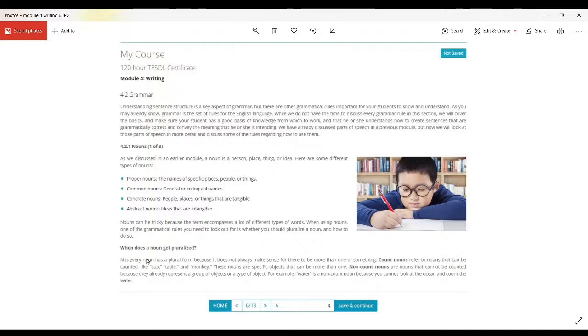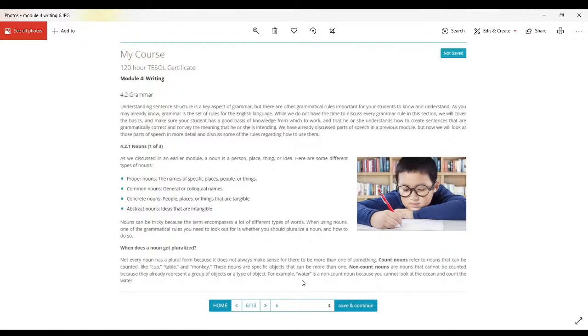Okay, when does a noun get pluralized? Sorry, pluralized. Not every noun has a plural form because it does not always make sense for there to be more than one of something. Count nouns refer to nouns that can be counted, like cup, table, monkey.